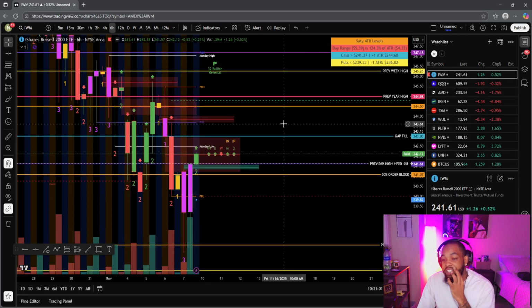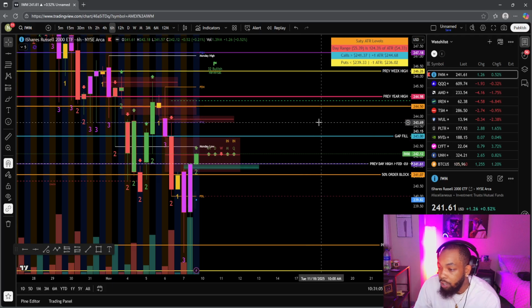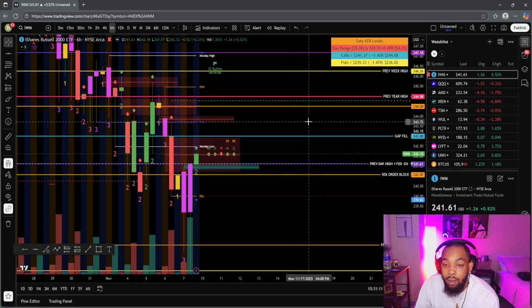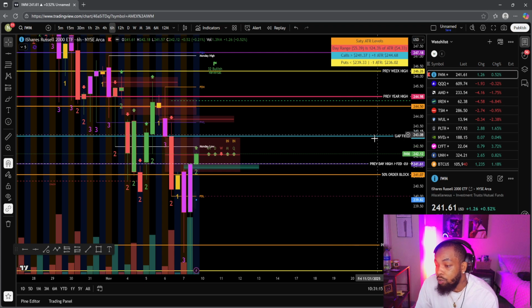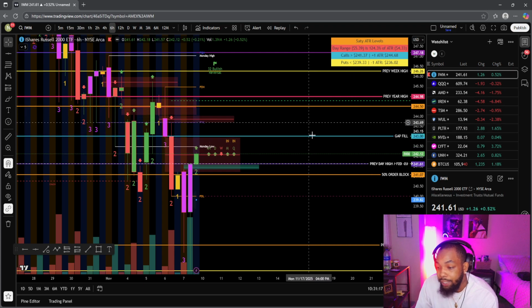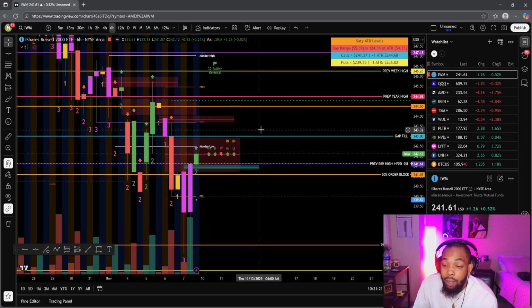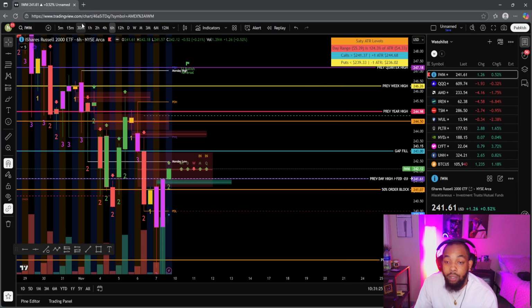So if price gets there, that could be my target 1. My target 2 could be that previous week lows right here on the 6-hour time frame. But first target will be this gap fill at 243. This literally can happen overnight. But this is basically what I'm just seeing off of the market going on right now.